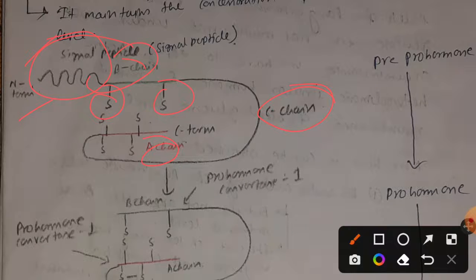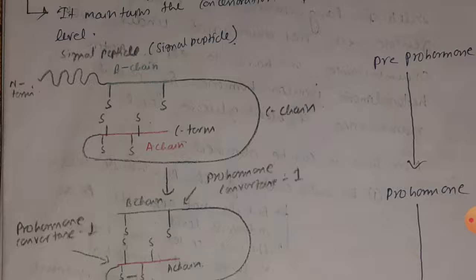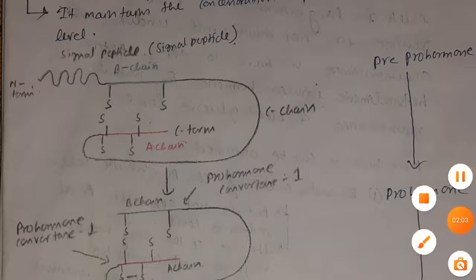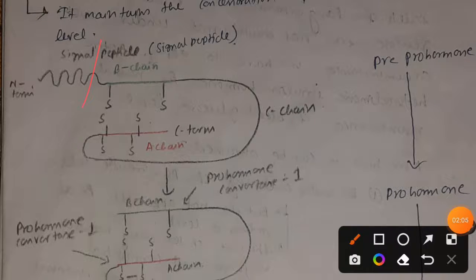The conversion of pre-prohormone into prohormone takes place by the removal of the signal peptide at the N terminal, which leads to the prohormone, which is relatively more active as compared to the pre-prohormone.